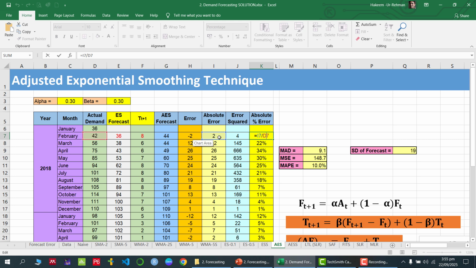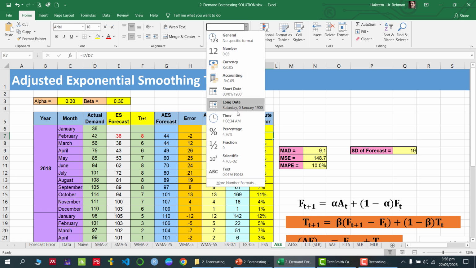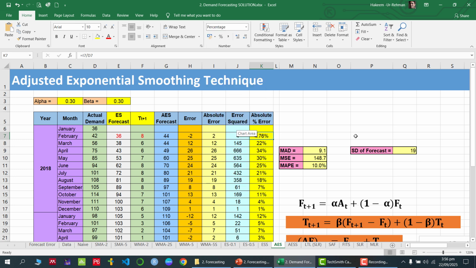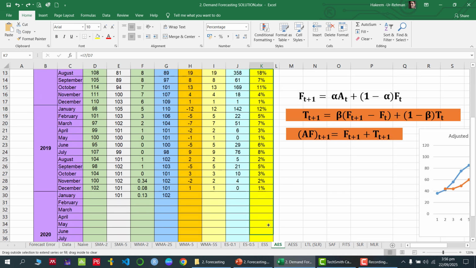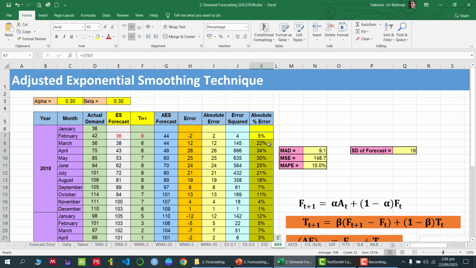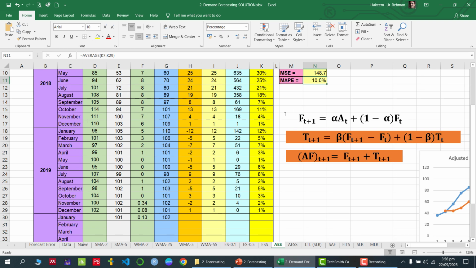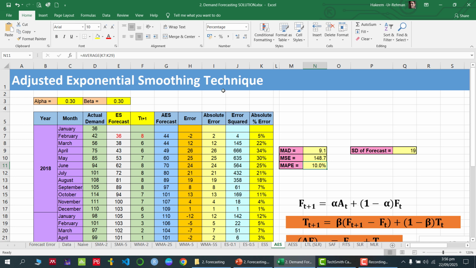So we are going to take them in terms of percentages, right? Once we have taken them in percentages, drag and drop. The average of these absolute percentage errors is going to be the mean absolute percentage error. Okay, so I hope you got the idea how we are going to implement the adjusted exponential smoothing method using Excel.